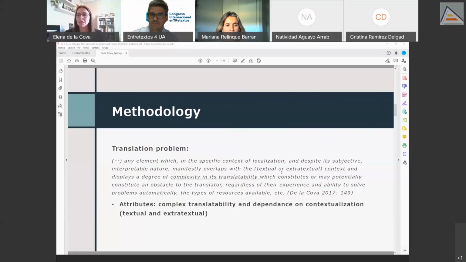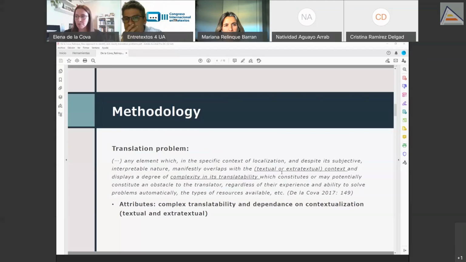A translation problem is any element which, in the specific context of localization and despite its subjective interpretable nature, manifestly overlaps with the textual or extra-textual context and displays a degree of complexity in its translatability, which constitutes or may potentially constitute an obstacle to the translator, regardless of their experience and ability to solve problems automatically, the types of resources available, etc.